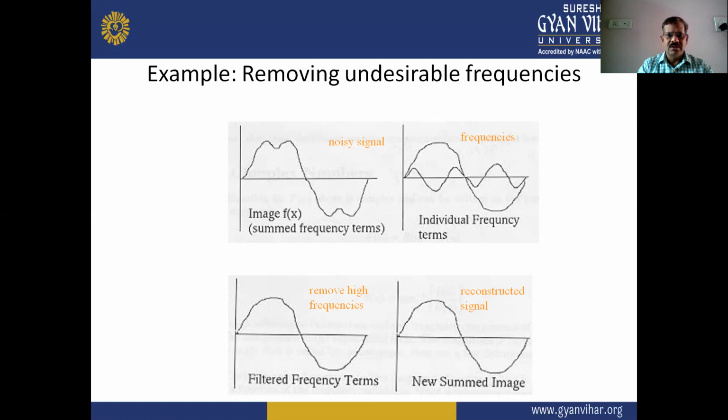The third waveform shows the filtered frequency terms, removing high frequencies, and the fourth waveform is the new sum, the reconstructed signal. So there are some examples in which we remove the undesirable frequencies from these signals.